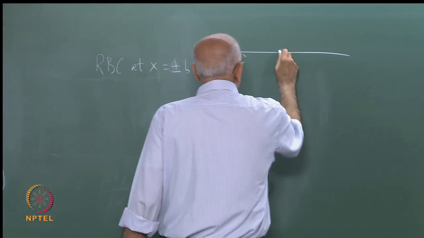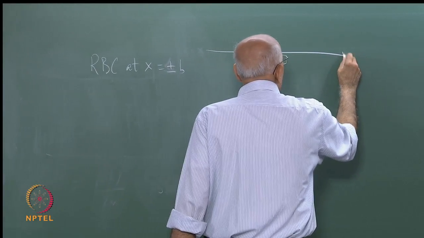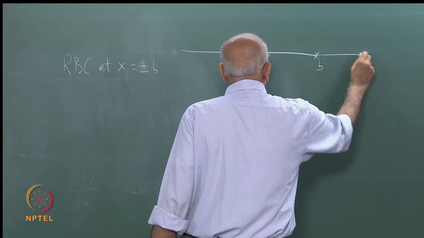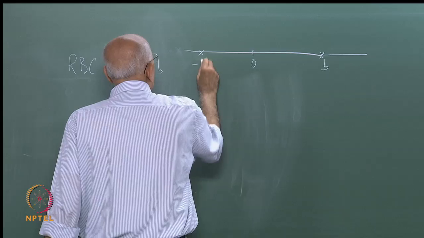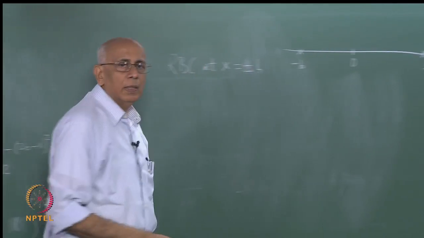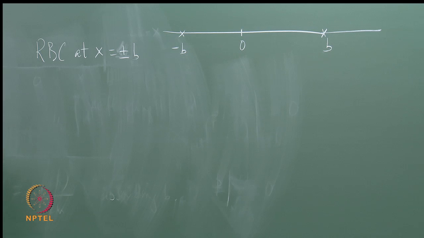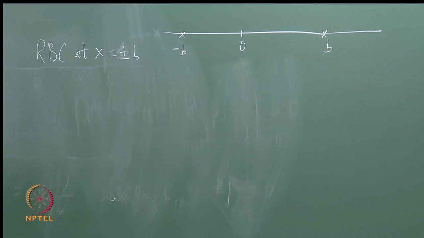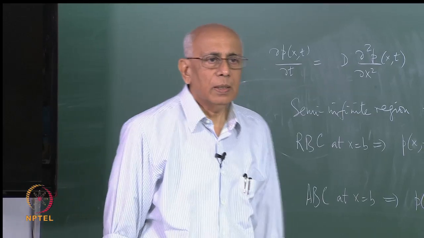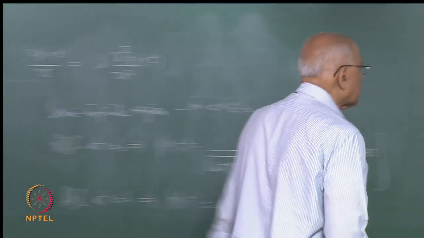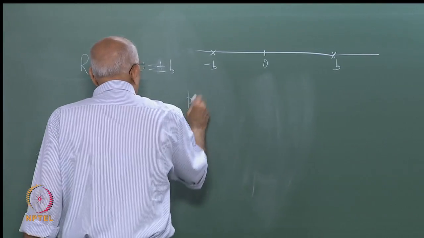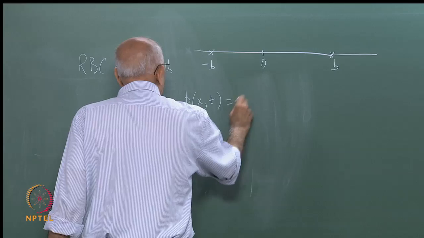So here is my region, here is 0, there is a boundary at B which is a reflecting boundary and another boundary at minus B, and the particle starts at the origin at t equal to 0 and stays in this region at all times, and the question is what is p of x comma t. Okay.